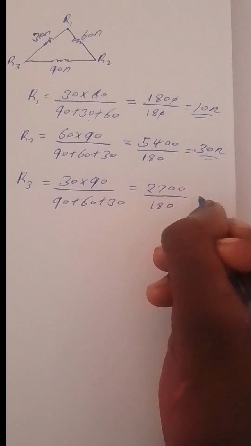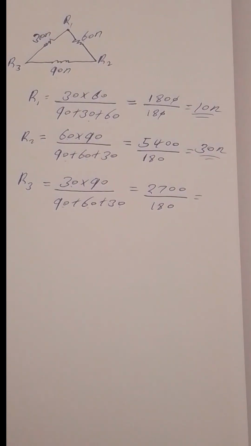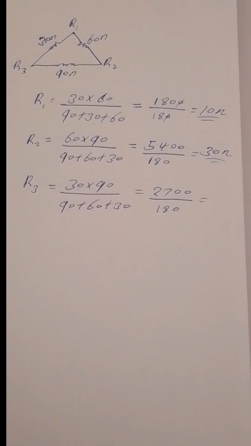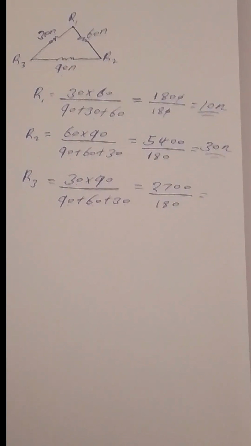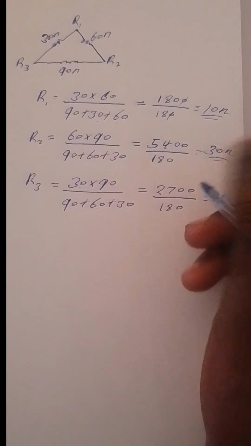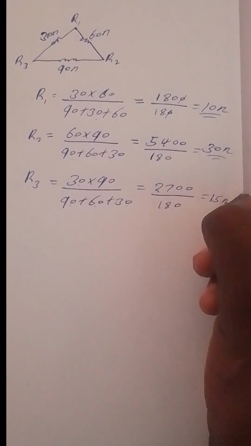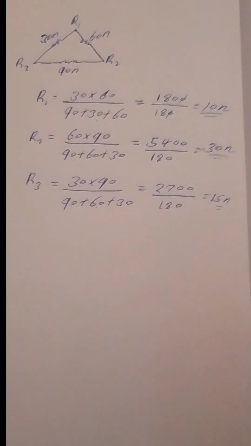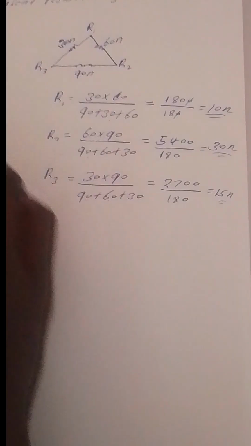That gives us 2700 over 180. So 2700 divided by 180 gives us 15 ohms. So we have finished solving the upper loop.